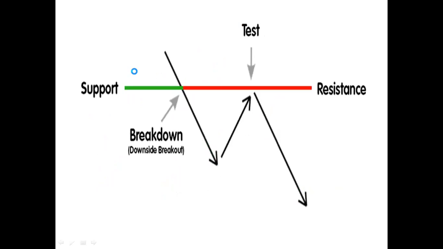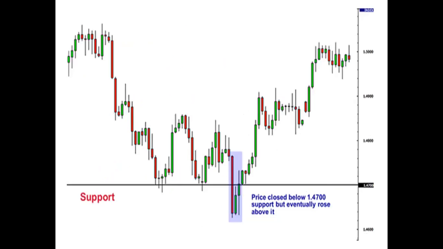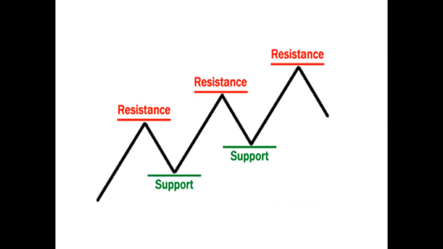So if I take you back to this screen here, these are resistance levels, these are support levels. So if I draw a line like this to join the three resistance, then I can say that this is what? A trend line.